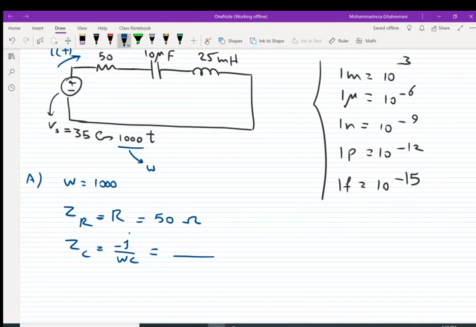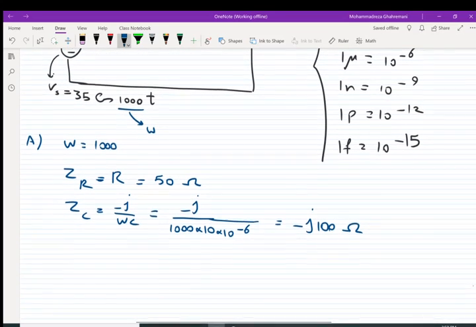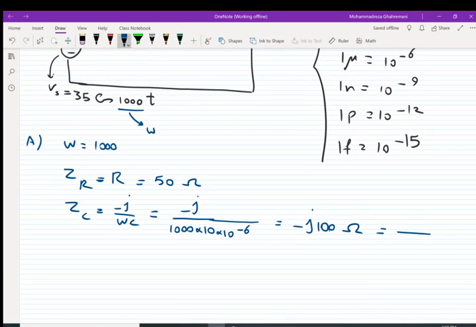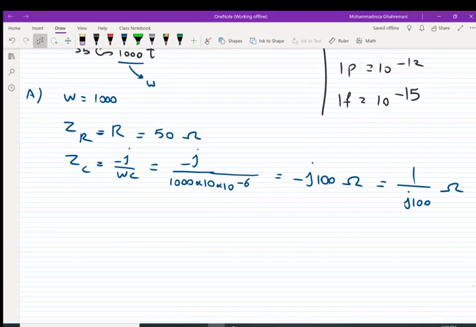So it's equal to negative j over 1000 times C, which is 10 micro, so 10 times 10 to the negative 6. It's equal to minus j100 ohms, or we can say it's equal to 1 over j100 ohm.